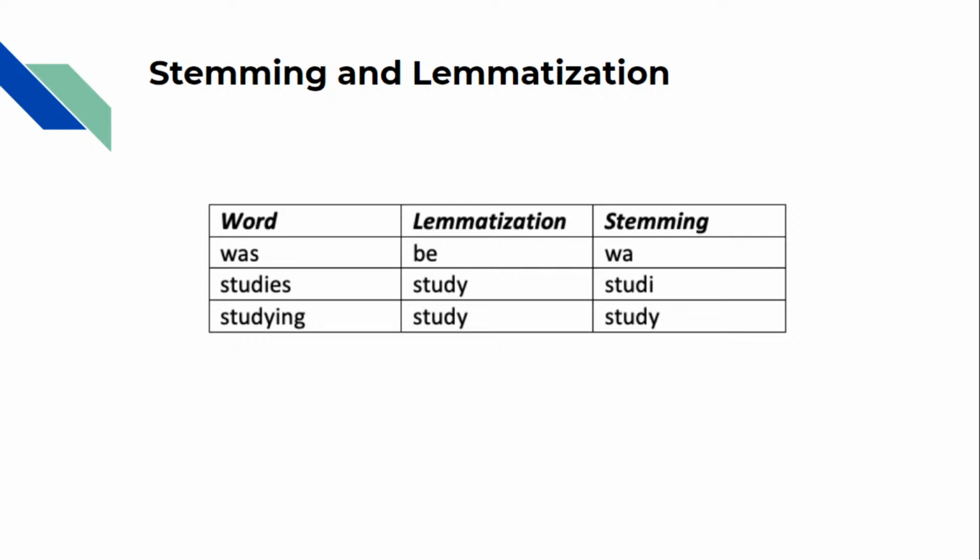After you have removed all the stop words, you go for either stemming or lemmatization. Now what are stemming and lemmatization? By stemming and lemmatization, we try to achieve the core word.